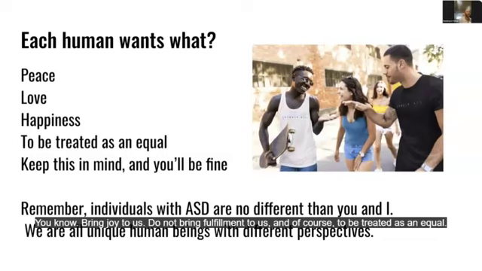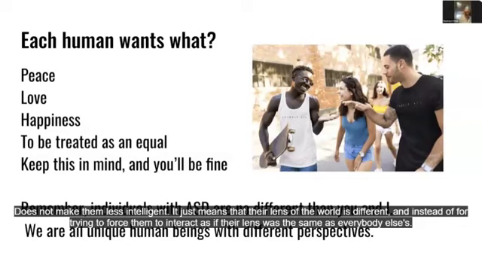And of course, to be treated as an equal. And just because someone has autism, it does not make them less equal. It does not make them less capable. It does not make them less intelligent. It just means that their lens of the world is different.